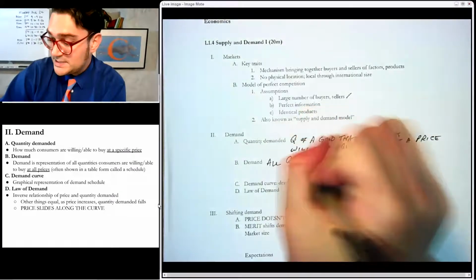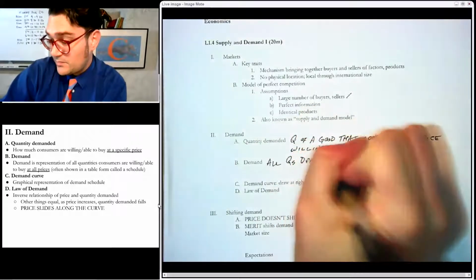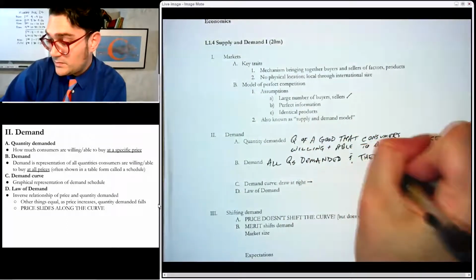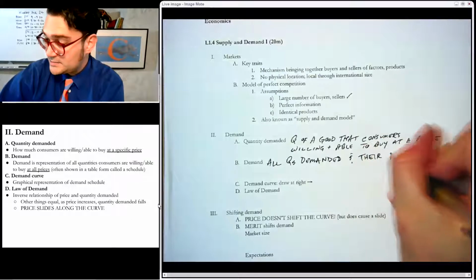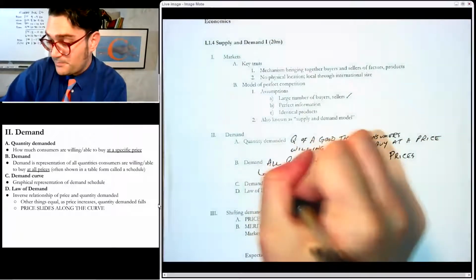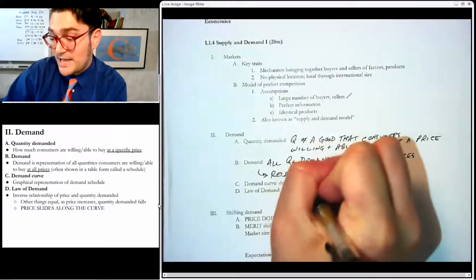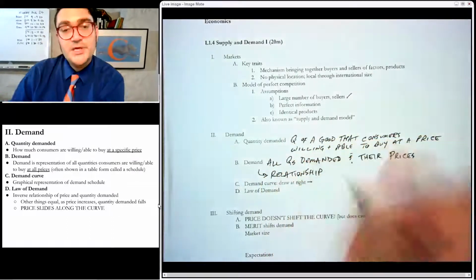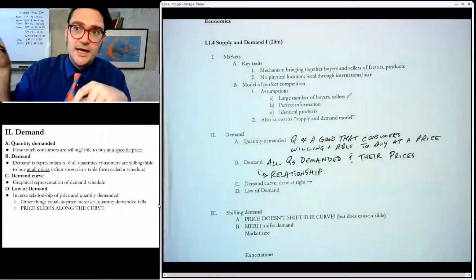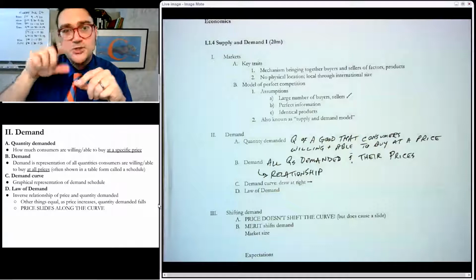All the quantities demanded and their prices. And so this is a relationship. Now, some students who are more mathematically inclined might find it easier to think about this as y equals some kind of equation, like 2x.